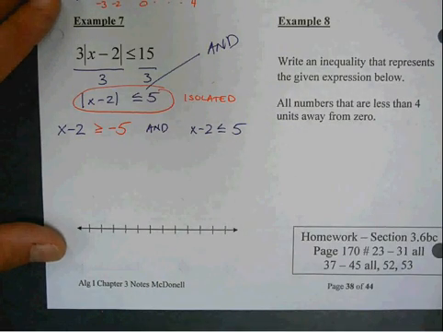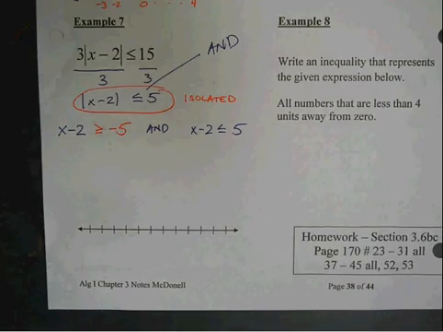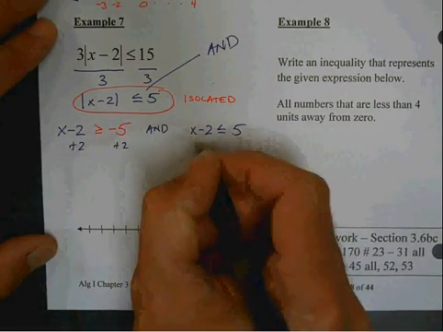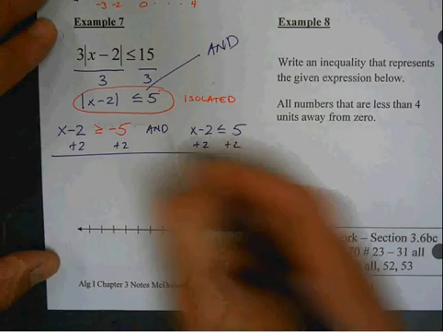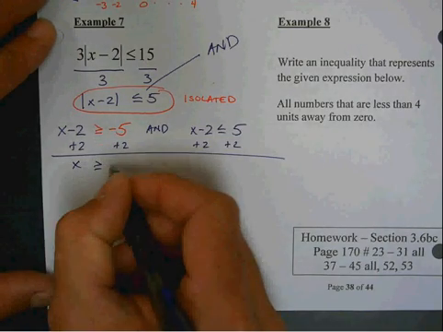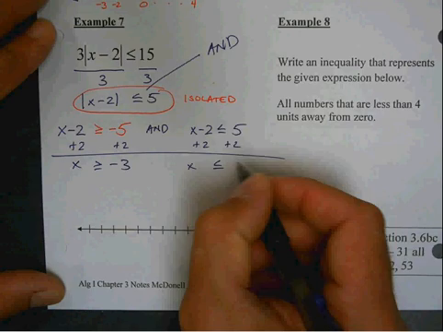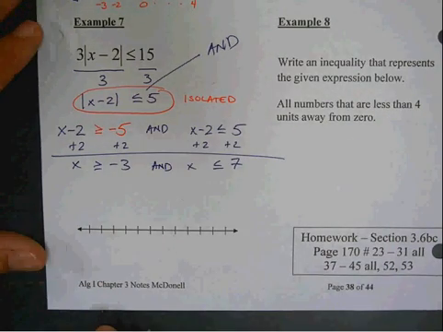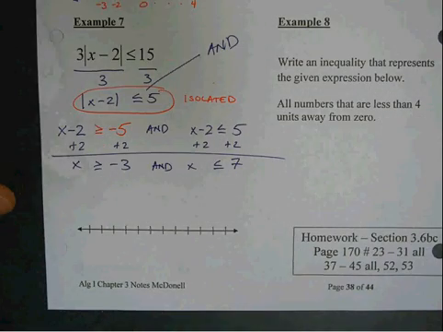Solving. What to both sides, Zach? Plus 2's. So go plus 2's all the way across. Negative 3, positive 7. All right, Katie, Jonathan, and Hunter are all out of play.